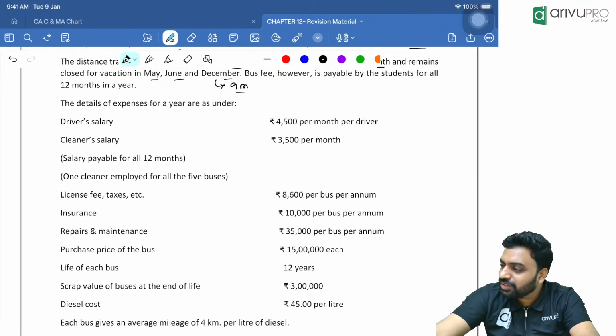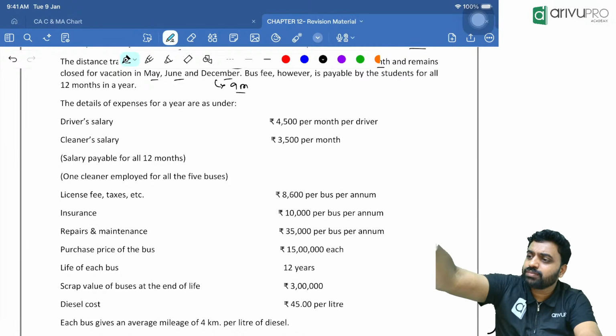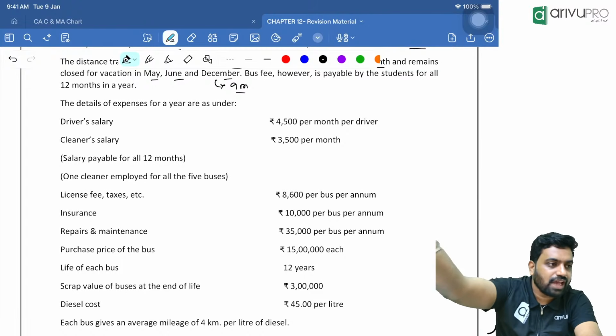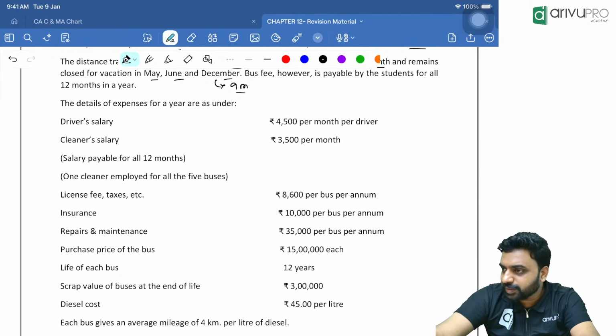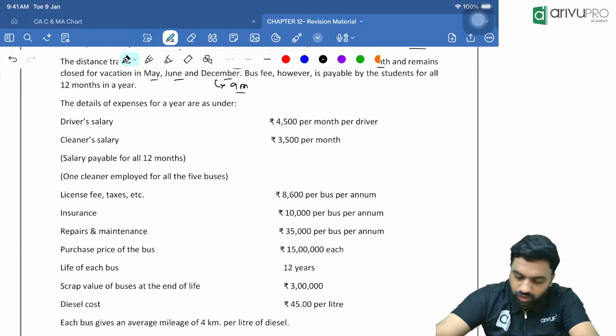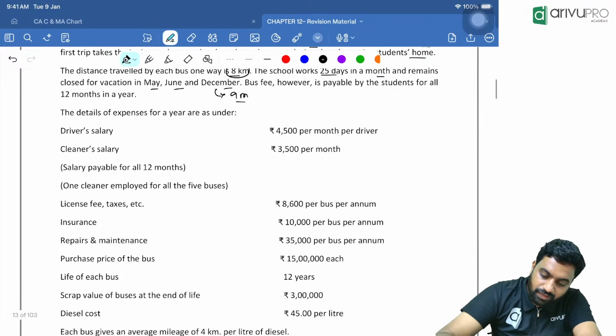Here I don't have to do that because students pay for 12 months also. So I will divide by 12. End of the day, the full annual expense I should recover from students. If fees were charged only for 9 months, I would divide the 12 months expense by 9 months, so that in 9 months only I would recover 12 months expense. Here no need to do that because all the 12 months they are paying. Got it? Okay.